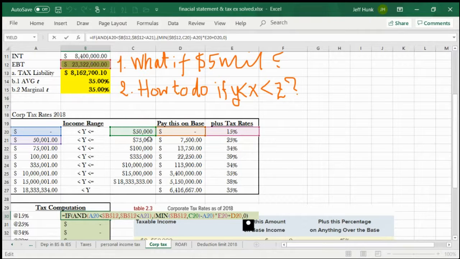But if it is like 45K, it will fall in, and the difference between the lower bound and the minimum of the two will be taxed at 15%, right? That's what it is saying. The lesser of the two minus the lower bound, so that's the difference. It will be multiplied by 15% plus this fixed amount.